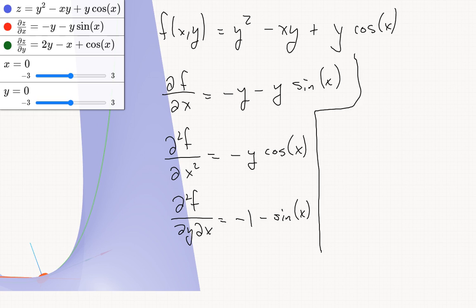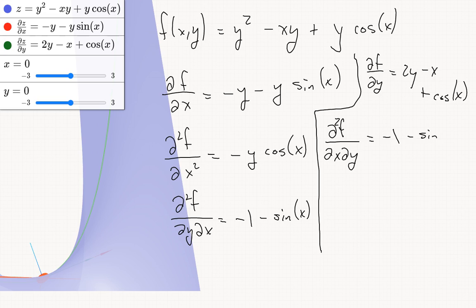Now let's set this off. So ∂f/∂y we found was 2y minus x plus cos x. So now if we do ∂²f/∂x∂y, this will give negative 1 minus sin x, and ∂²f/∂y² will just be equal to 2.